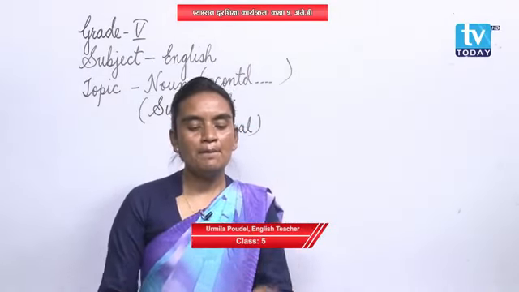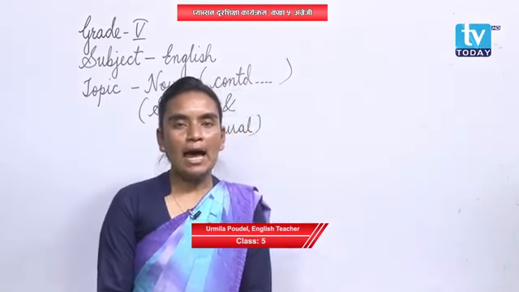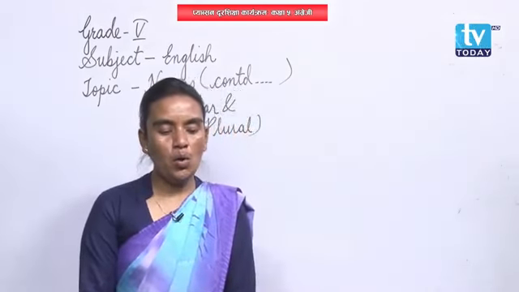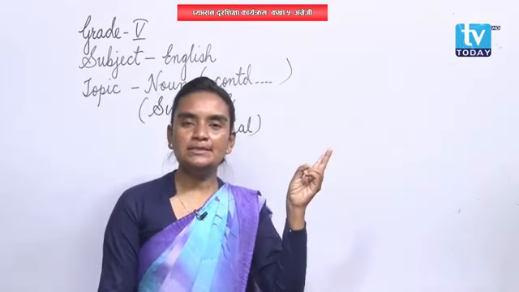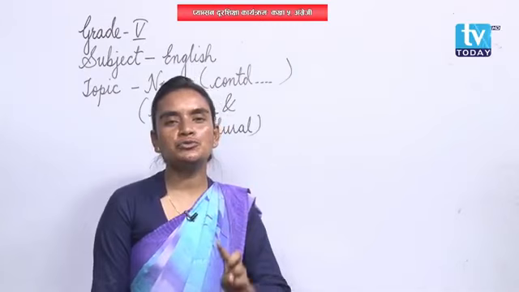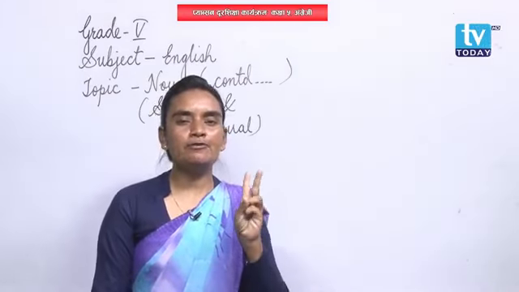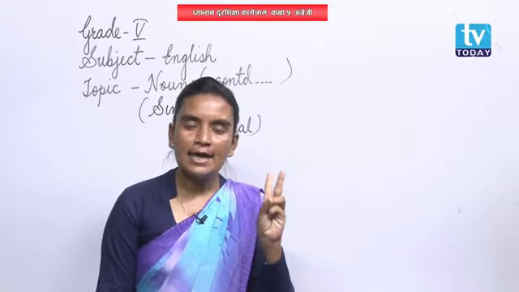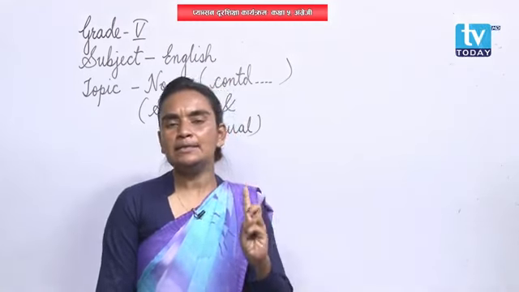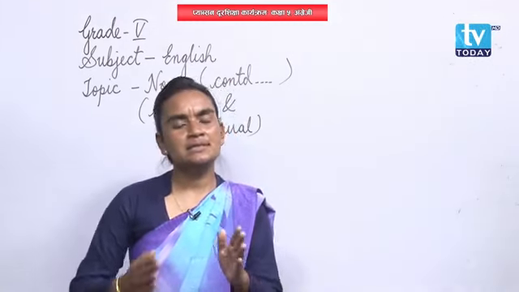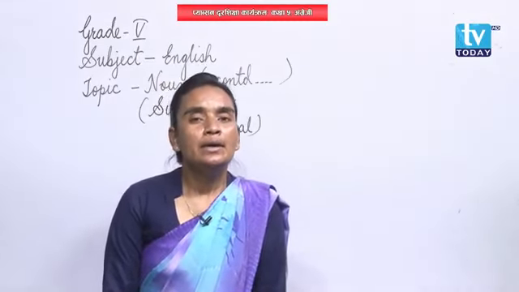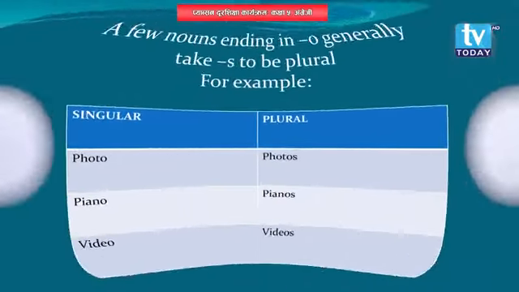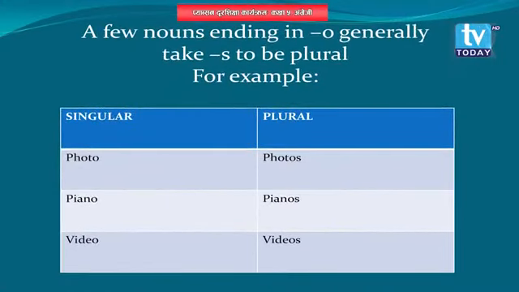The third rule is: a few nouns ending in O generally get S. Before, in the second rule, we said to add ES if the word ends with O, but to some extent there is a kind of contradiction, as words ending with O generally get S to change into plural.